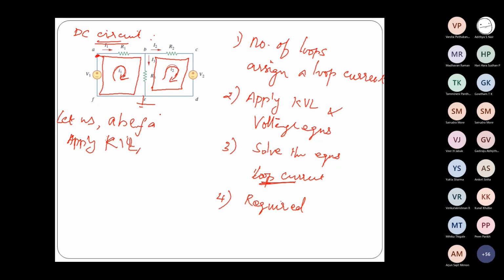Just recollect: the sum of the voltages in a closed loop is equal to 0. In other words, the sum of the voltage rises in a closed loop is equal to the sum of the voltage drops. You can mention KVL in both forms. Generally, for voltage rise we consider plus and for voltage drop we consider negative.